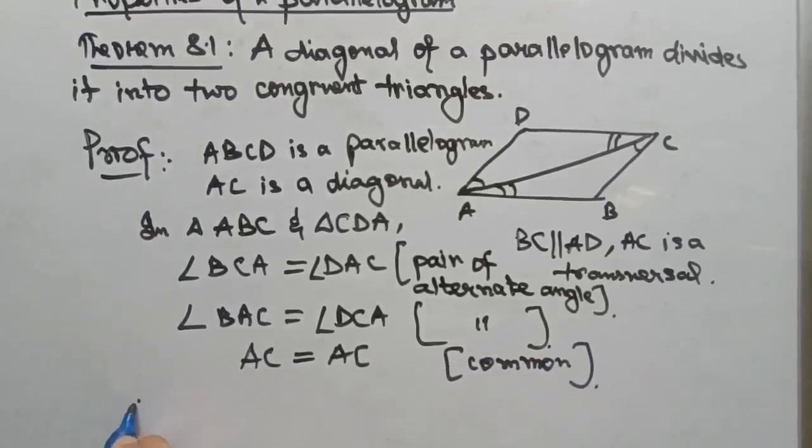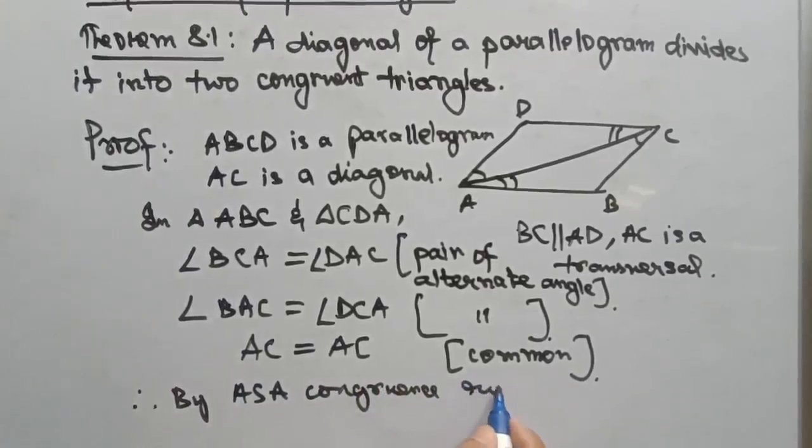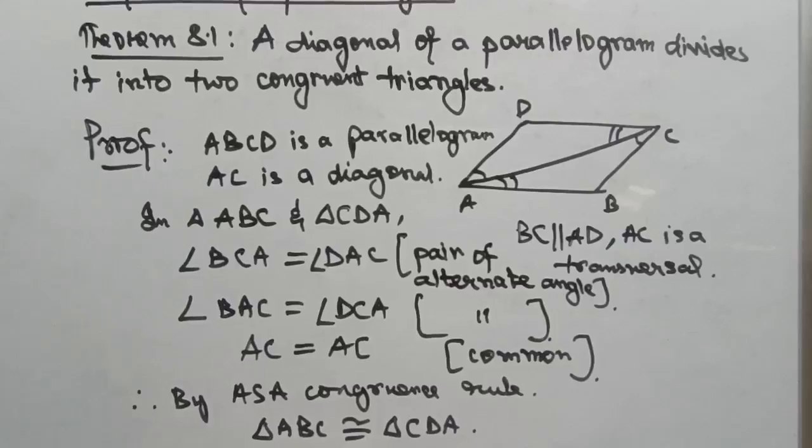So by the ASA congruence rule, triangle ABC is congruent to triangle CDA. So we have proved that in a parallelogram, a diagonal divides the parallelogram into two congruent triangles.